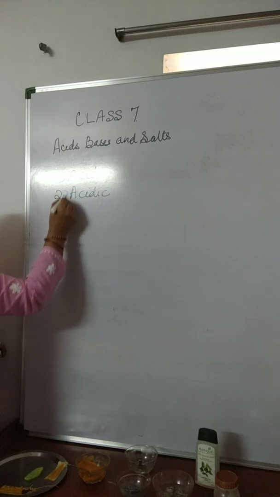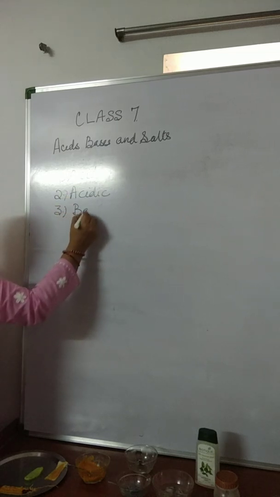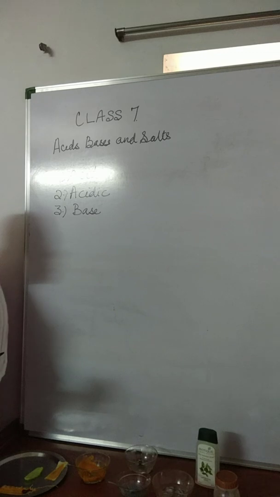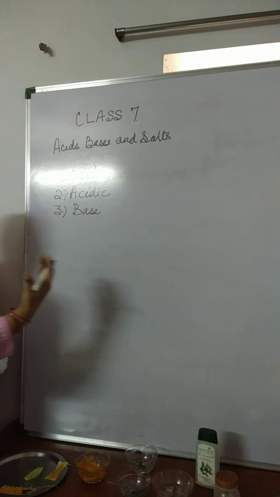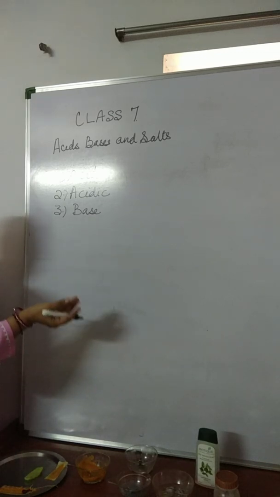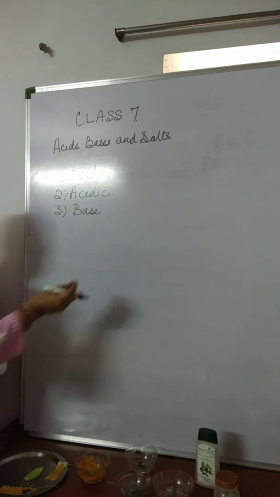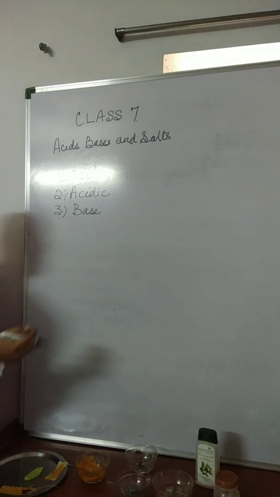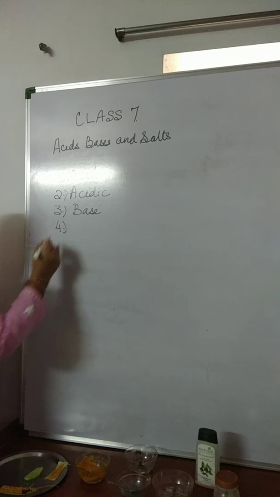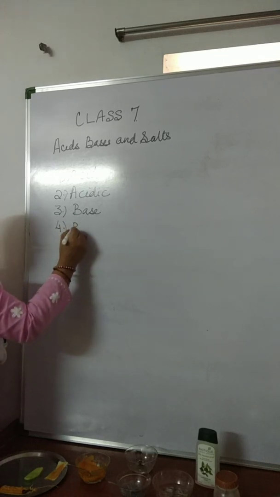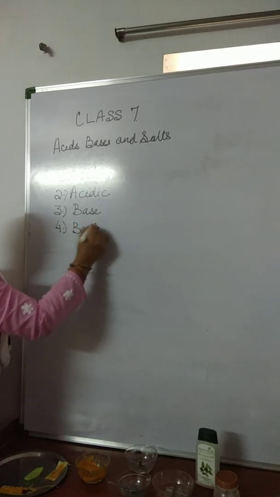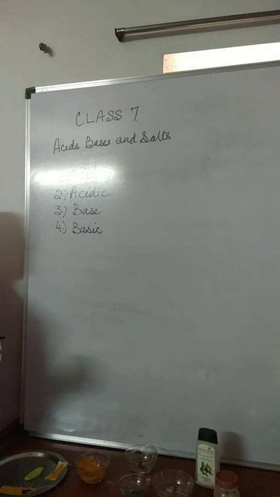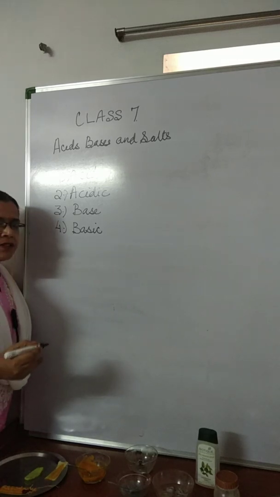The third definition that you had learned was base. Bases are those substances which are soapy to touch and they are bitter to taste, like baking soda. Fourth, we have basic. Basic is the chemical nature of bases.